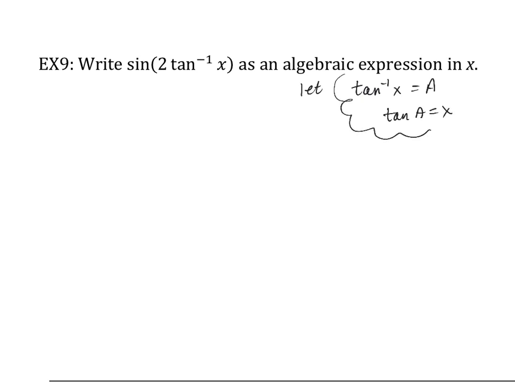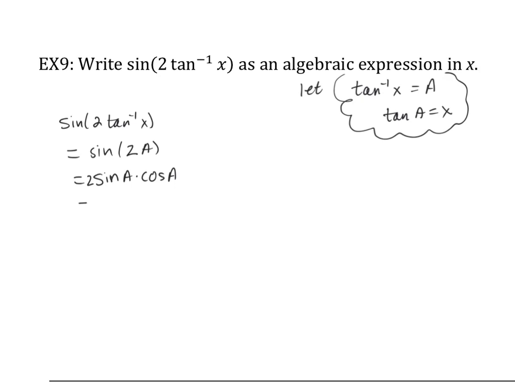So I'm just going to plug that in. Sine of 2 times arctan of x would be equal to sine of 2 times a, and then we can use our double angle formula for sine. That is 2 times sine a times cosine a.